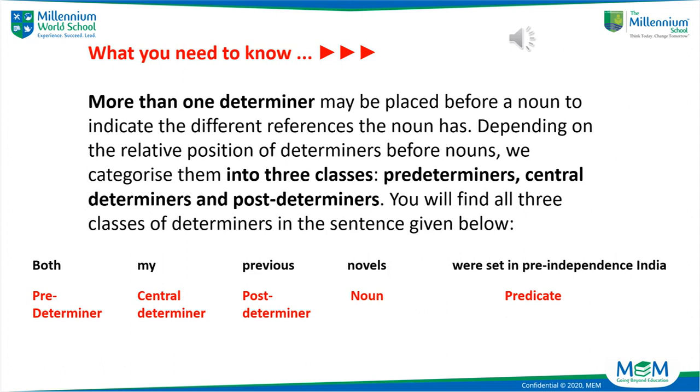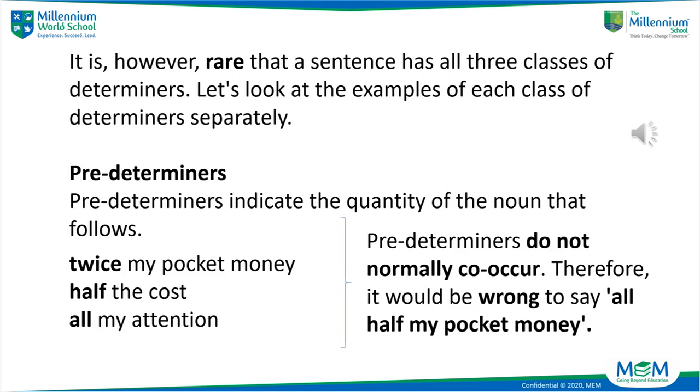So in the subject part of this sentence, we have three determiners: the predeterminer, the central determiner, and the post-determiner. It is, however, rare that a sentence has all three classes of determiners. Let's look at the examples of each class of determiners separately.